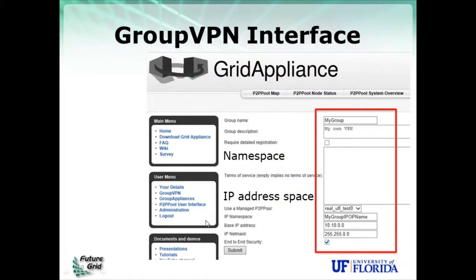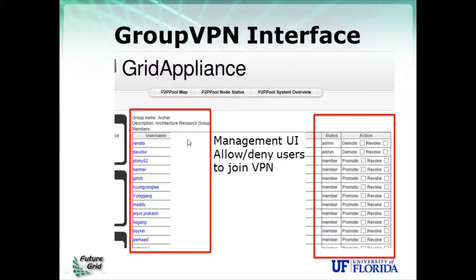And once inside a group, when a group is created, the owner of the group decides on its namespace and on the IP address space, the configuration of the IP address space for that virtual network. And the management of the group can allow or deny users to join the VPN. And these are users of the website, and once they are allowed to join the VPN, they're able to download the VPN configuration for their endpoints.